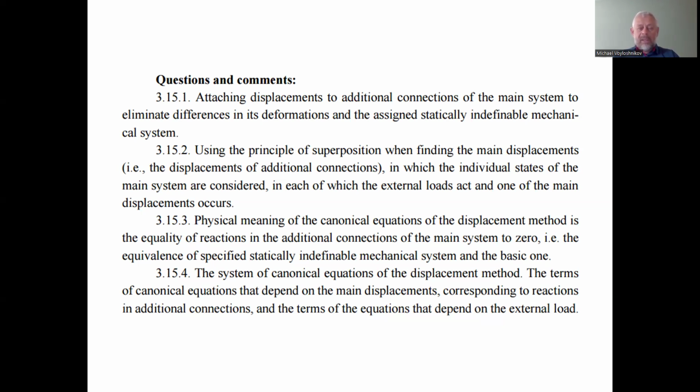forces arising in each direction of all additional connections limiting the displacement of the mechanical system.